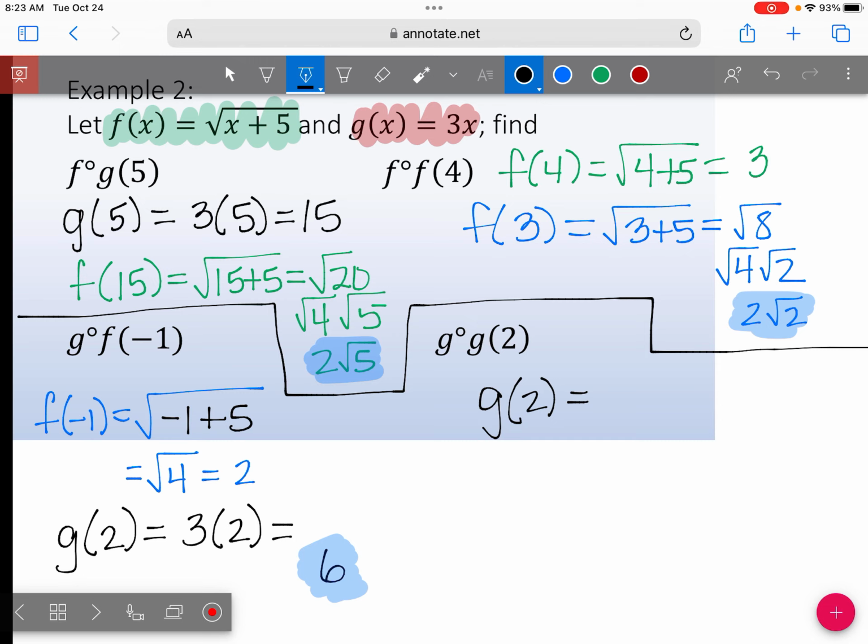So g of 2 would be 6. And then you're going to find g of 6, which should be 18. And that would be your final answer. All right, any questions so far?